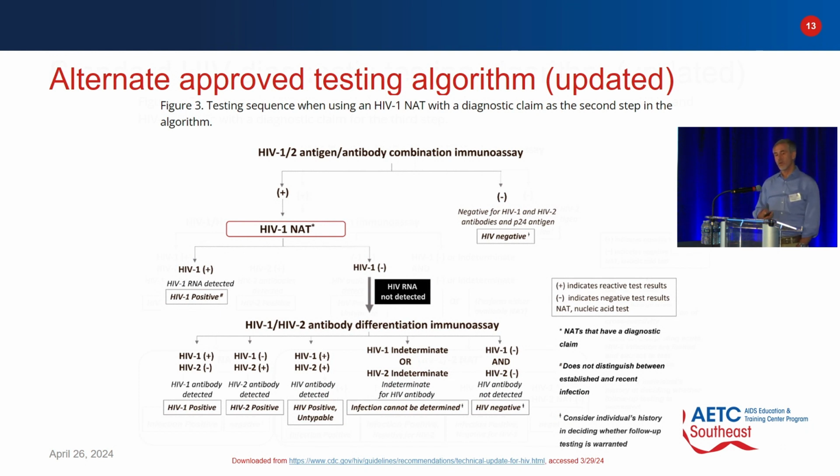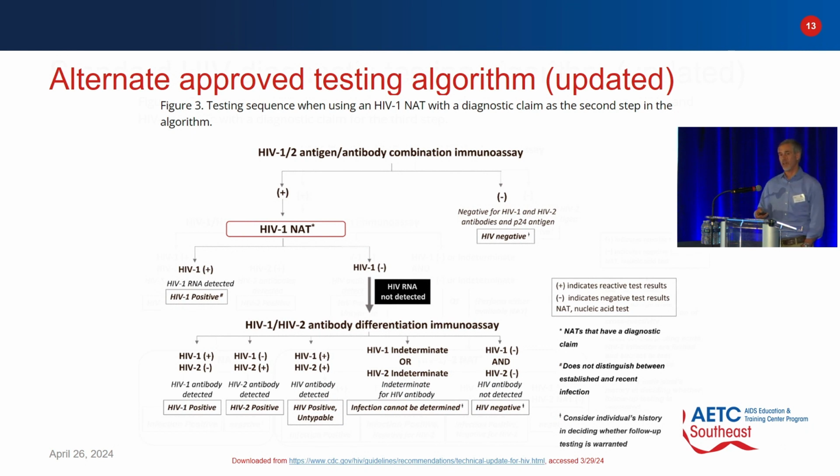One important thing to note that the CDC is quick to point out, which is that if you use this algorithm in practice, it is very difficult to actually distinguish between chronic and acute HIV. All right. The only way to do so is if you have an antigen antibody assay that can distinguish between P24 and antibody positivity.